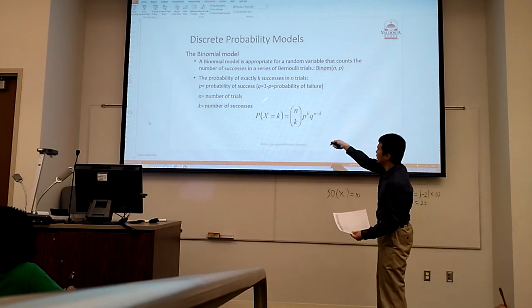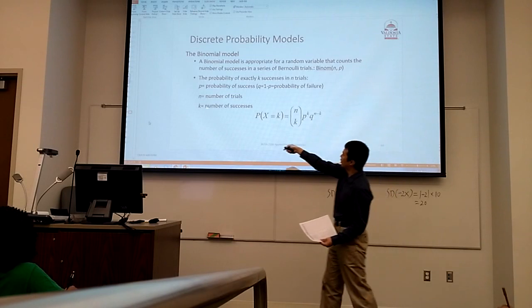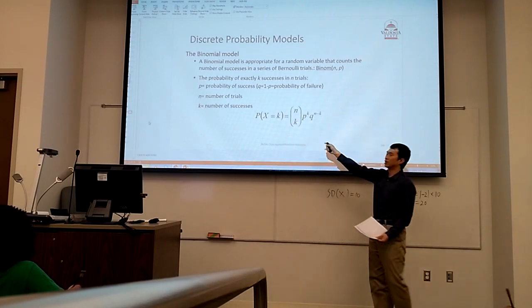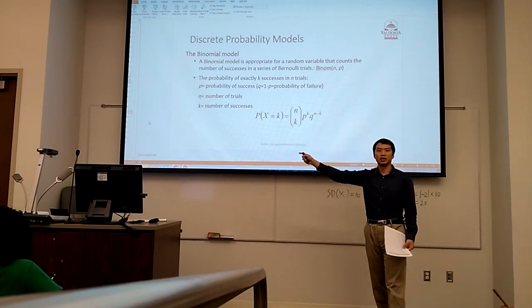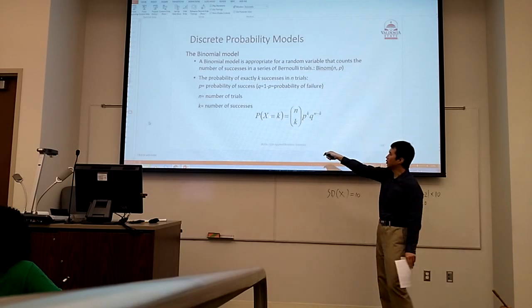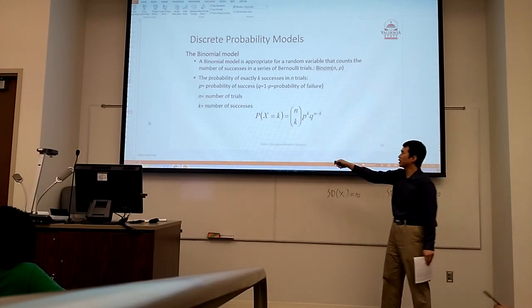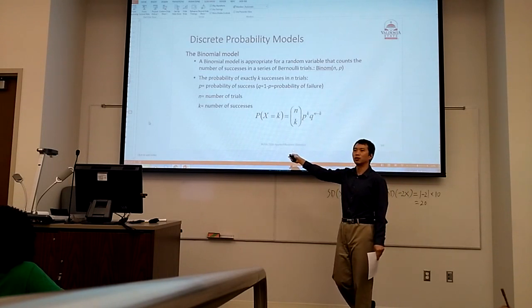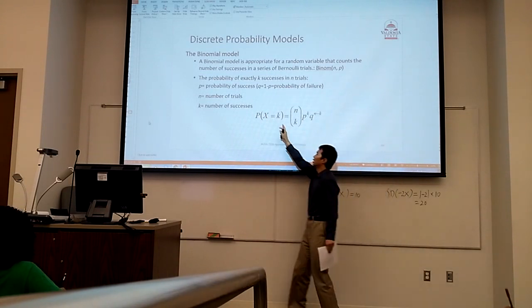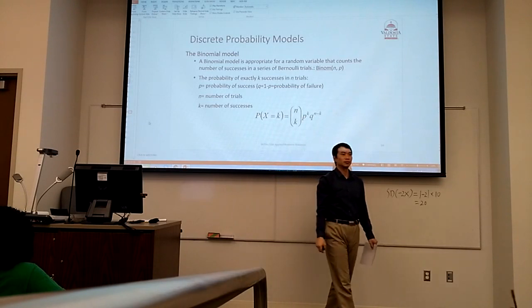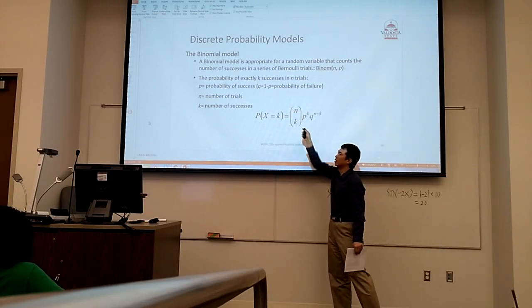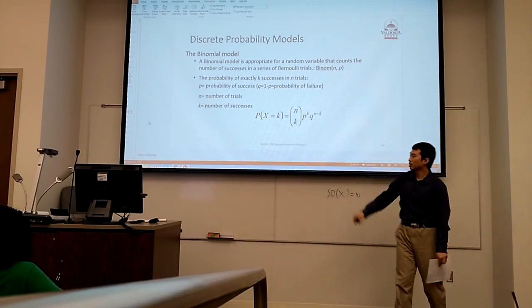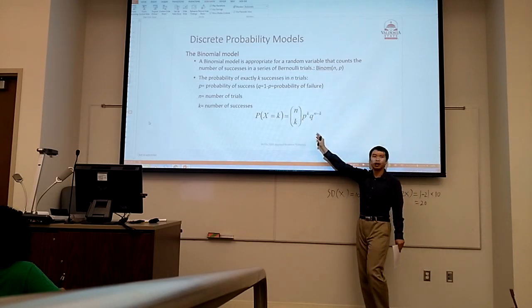And we have a k here, and this is the PMF, the probability mass function. It means, what's the probability that the random variable is equal to k? What's the probability I see k successes out of n trials? So this is the probability mass function.